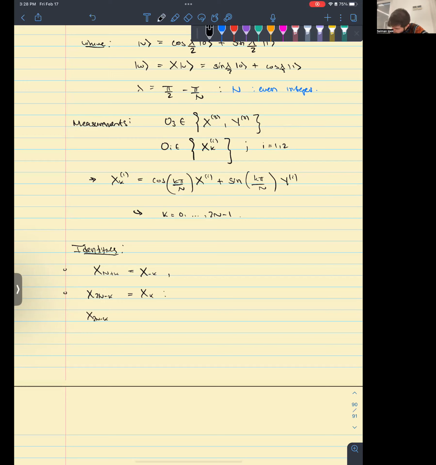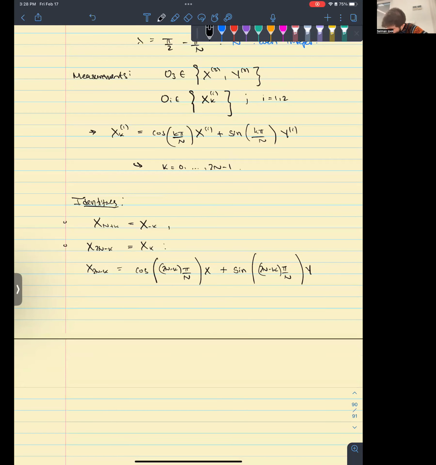X_{2n-k} is equal to cosine of (2n minus k) pi over n times X, where X is an operator, and then sine of (2n minus k) pi over n times Y.